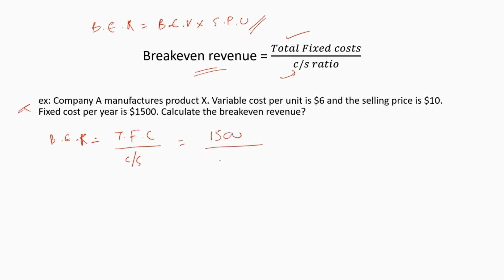The CS ratio is contribution, which is 10 minus 6, divided by the selling price per unit, which is 10. This is equal to 1500 divided by 4 over 10. This is equal to $3,750. This is the revenue we calculated using the break-even volume.